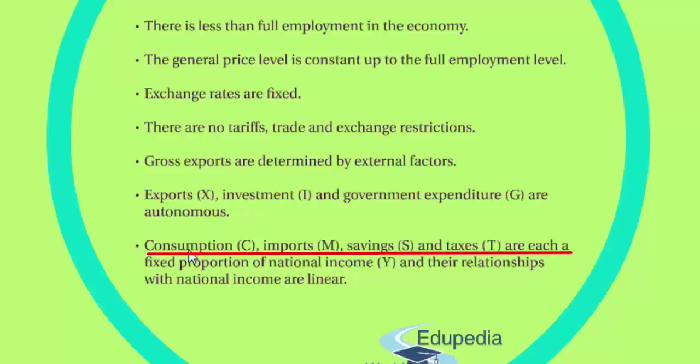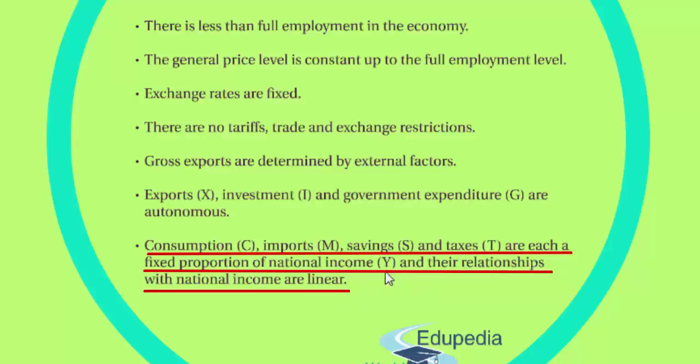The last basic assumption is that consumption C, imports M, savings S, and taxes T are each a fixed proportion of national income Y, and their relationships with national income are linear. That is, the percentages of consumption, imports, savings, and taxes are not going to change.